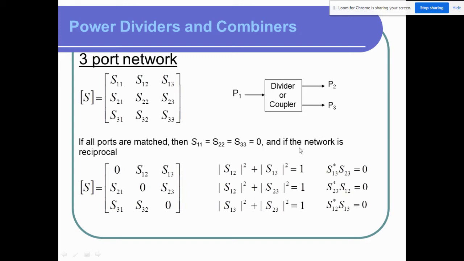It means they are all 0. So this happens to be 0, and if the network is reciprocal, then it becomes like this. We know this from the network analysis, microwave network analysis. I will not discuss these things more, but we need to connect with power dividers and combiners.